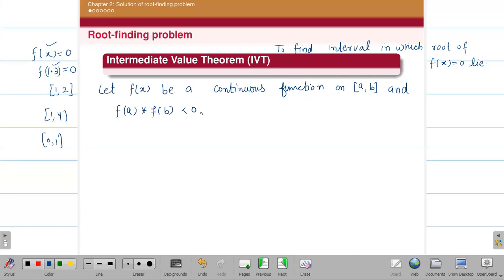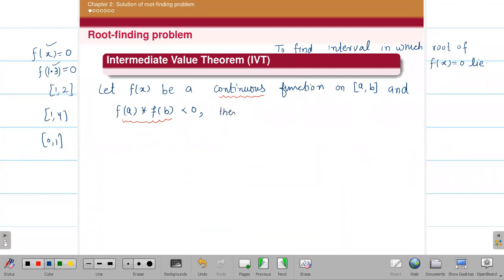Okay, so these two conditions should be satisfied, means one is continuity and the second one is f of A into f of B should be less than 0, not equal to 0, less than 0. If it is equal to 0, then you can say either A will be the root or B will be the root of this equation. So that's why we are taking strictly less than 0 here.